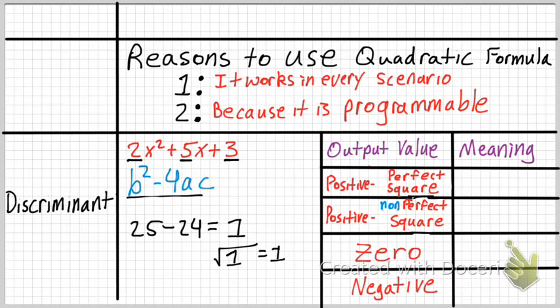And if I'm looking at my discriminant table over here, I know that a positive perfect square means that the roots are rational.